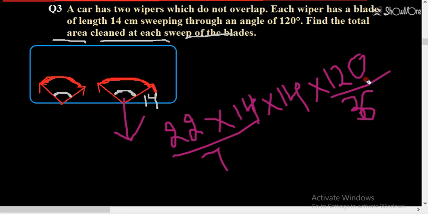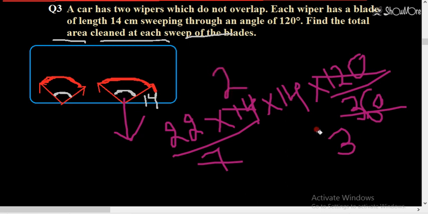If I cancel out 120 with 360, it gives me 3. Then 7 twos are 14. Then 3 will be remaining in the denominator. We cannot do anything for this 3.